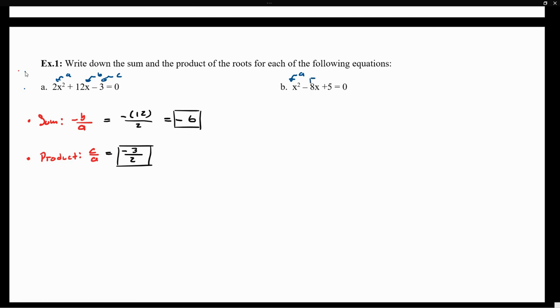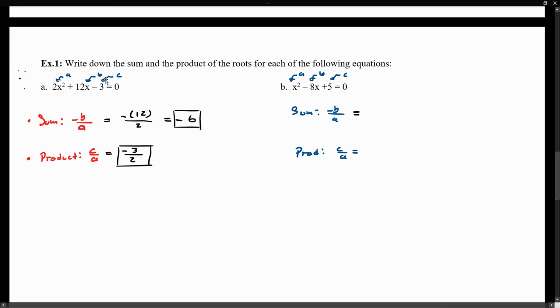So let's just do another example, which the first thing that you want to do is identify A, B, and C. So in this case, A is 1, B is negative 8, and C is 5. So to find the sum, recall that's minus B over A. And to find the product, that is C over A. Well, what would happen if I would have added both solutions for this quadratic?